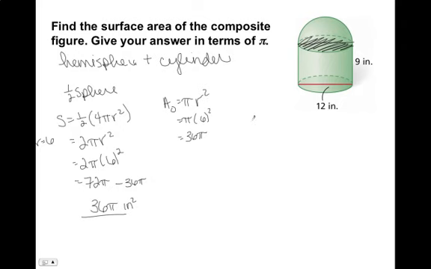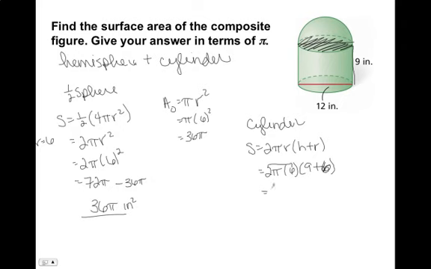Now let's look at our cylinder. Remember, our cylinder is 2 pi r times the height plus the radius. Our radius is still 6. Our height now is the 9 inches. Oh, that's a 6.